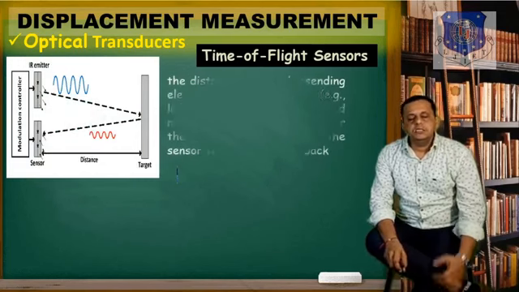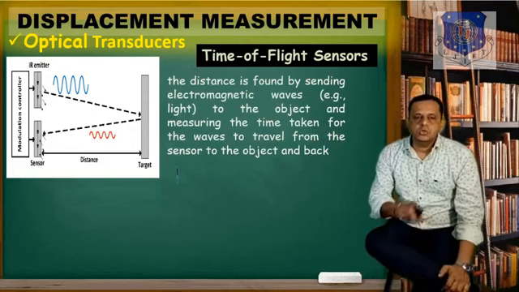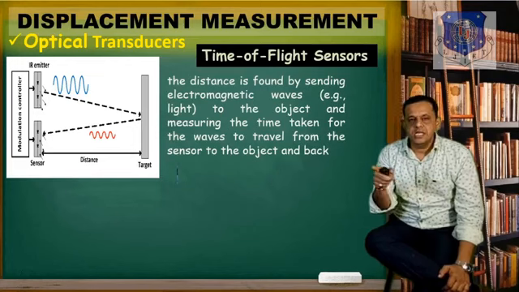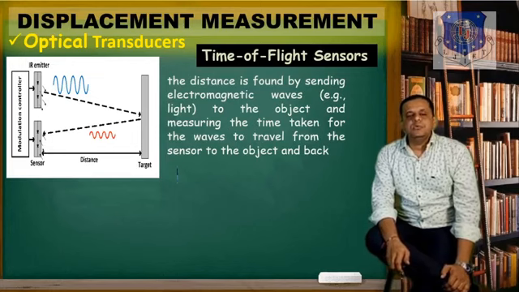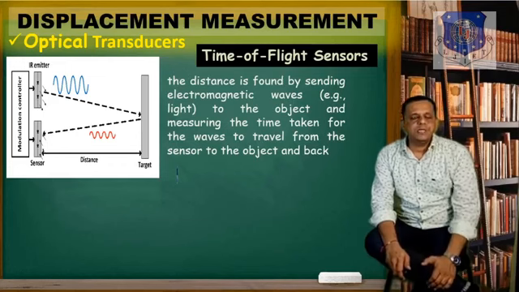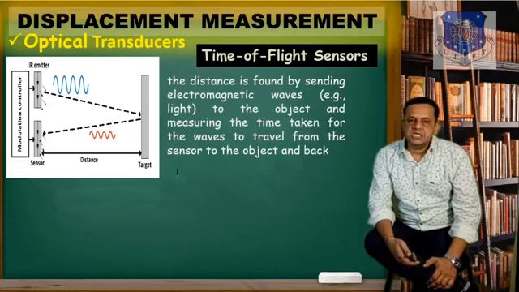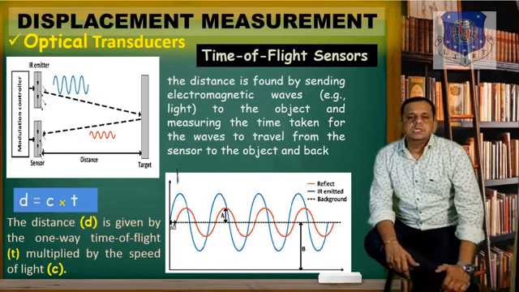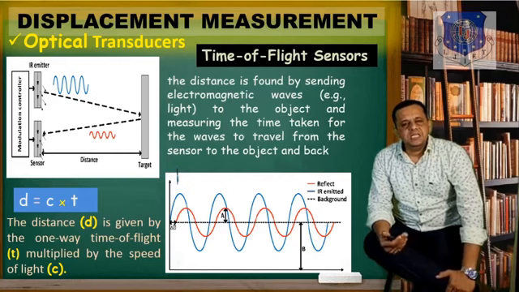Here, once again, the word tells us about the flight timing. So once again, it is an optical transducer. We will be sending some light rays and receiving them on the detector. Mostly we will be using an IR light source, an electromagnetic wave sent over the object, as you see in the diagram, and the time taken for the wave to travel will be calculated.